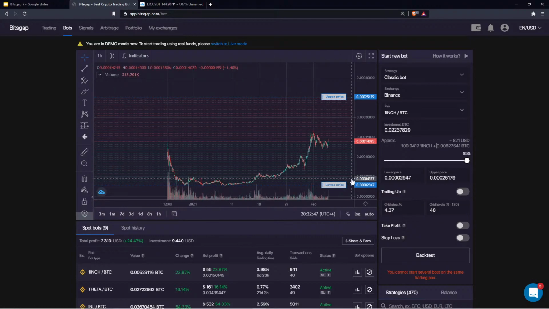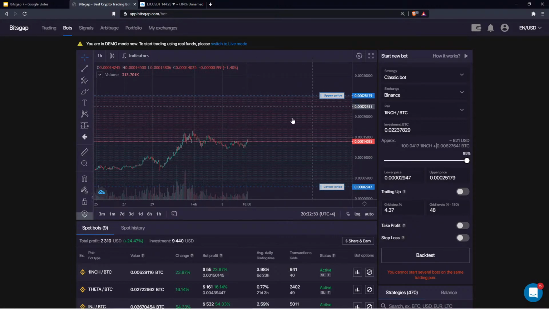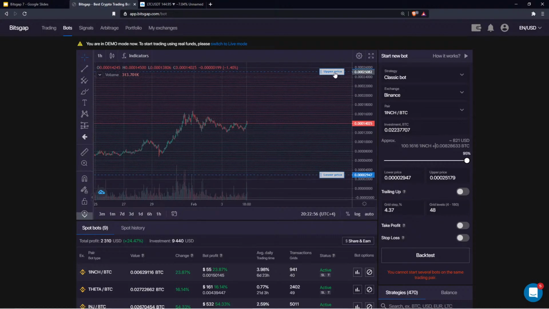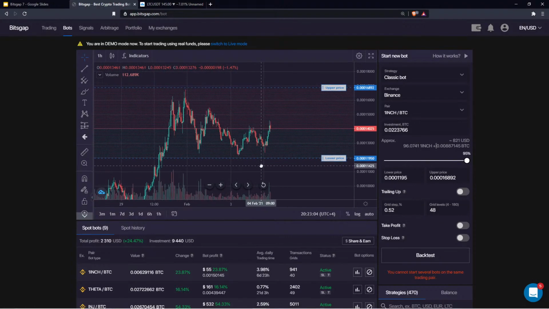So another crucial thing to take into account is the trading range itself. So you have this lower price and upper price, as I already explained to you. So this is your top point and that's your bottom point. So let's assume that you want to trade just within this range, where you have your lower price located exactly at the point where you have your local support line, and the upper price, which in this case determines the highest price this crypto trades.